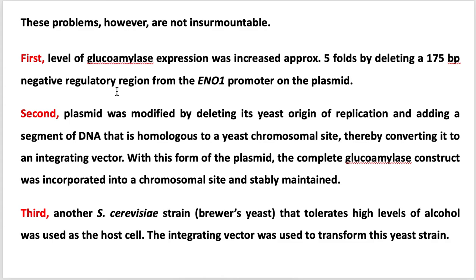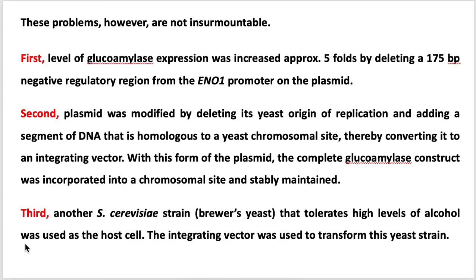Another approach was to integrate the plasmid into the genome of the Saccharomyces cerevisiae. As it is now integrated into the genome, there is no chance to lose it. And another solution was a new strain of Saccharomyces cerevisiae.